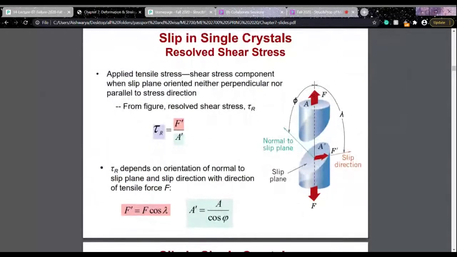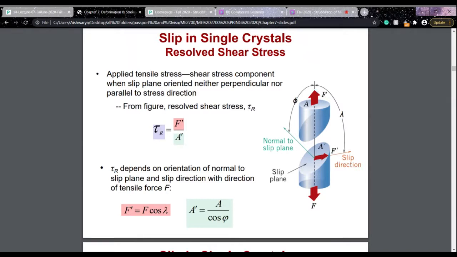Resolved shear stress is the shear stress in a single crystal. When you take a single crystal and apply a force in a direction, this will be the slip plane and the slip direction. Here we are taking the angle phi as the angle between the tensile stress and the normal to the slip plane, and the angle lambda as the angle between the tensile force and the slip direction.